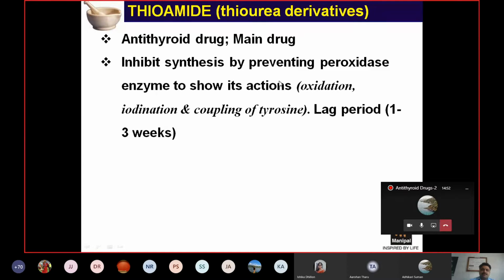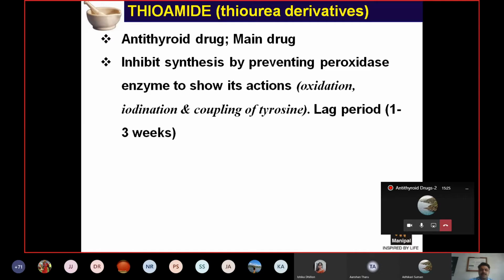But what happens when you take the drug? It will start inhibiting the synthesis of the thyroid hormone, but it doesn't affect the hormone which has already been synthesized and stored in the follicle. So to see the effect of these drugs, you have to wait for some time, like 1 to 3 weeks, and that period is said to be a lag period.